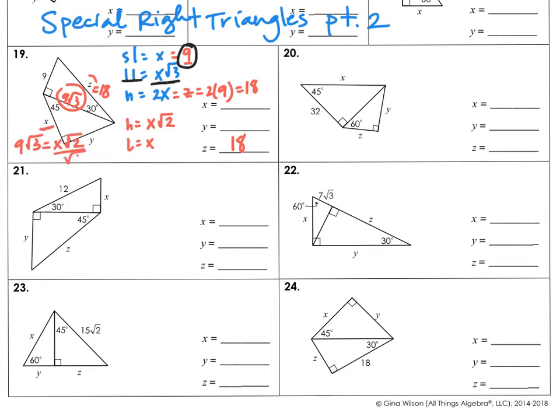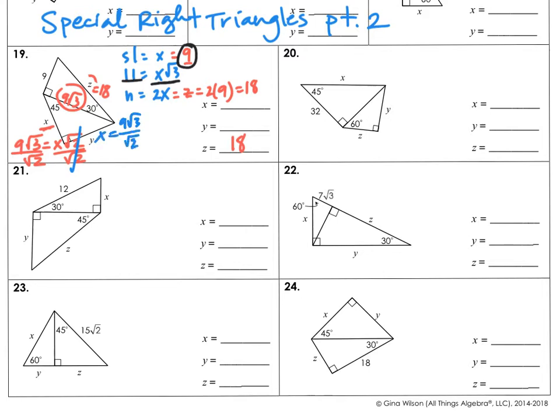So we divide by root 2. That cancels that root 2 out, and you have 9 root 3 over root 2 is x. I'm running out of space.